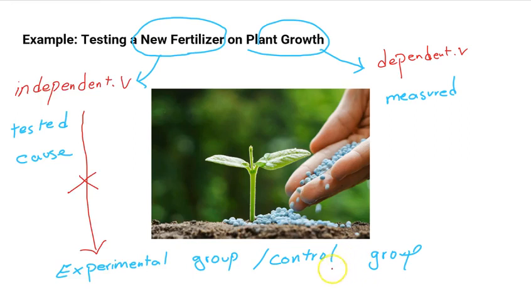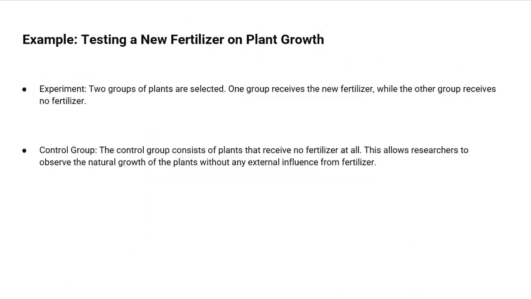So it means our control group is the group with no independent variable, or removing the independent variable. Okay, so what's going to be our experimental group and control group in this experiment? One more time, for the experiment, we can select two groups of plants. One group is receiving the new fertilizer, which would be our experimental group.